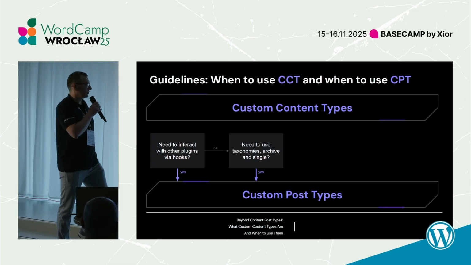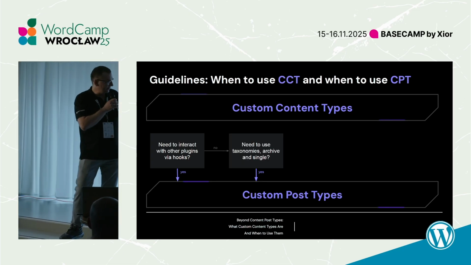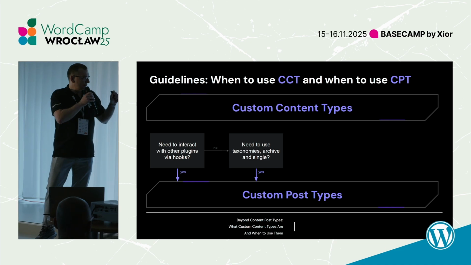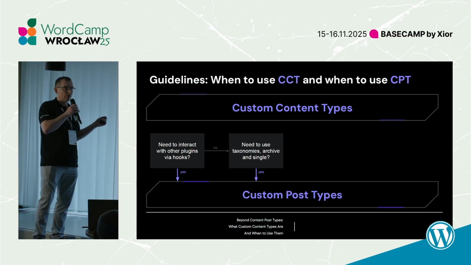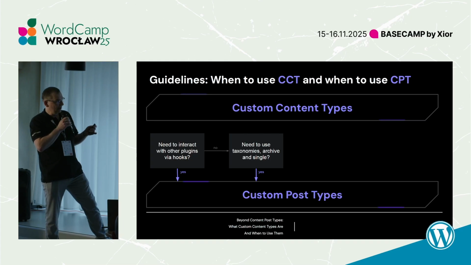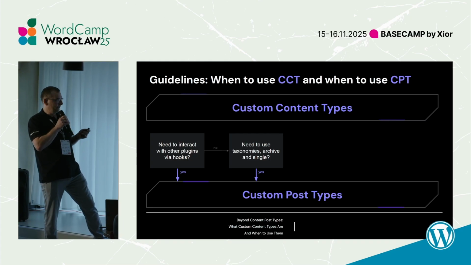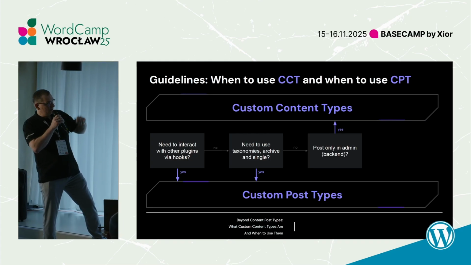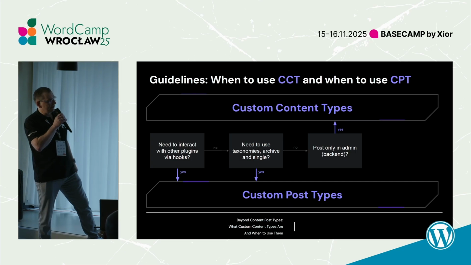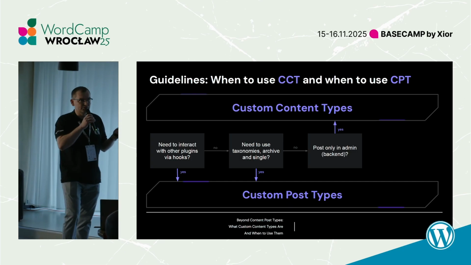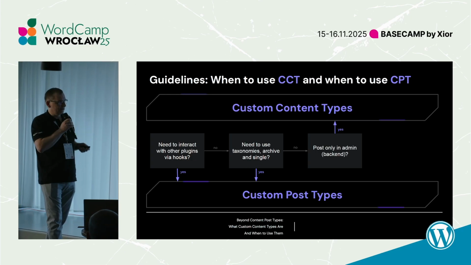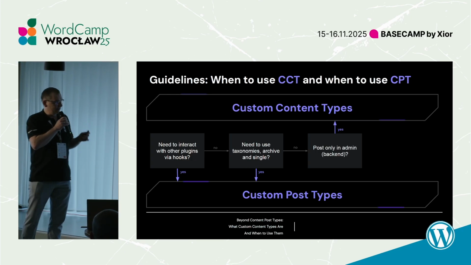Another case when we should still keep the custom post type is, do we need to use taxonomies, archives, single pages, comments and stuff like that? Yes, let's stick with it. But when should we use custom content types? When the posts are shown only in admin, not exposed to the front end. So this is a good example to use it.